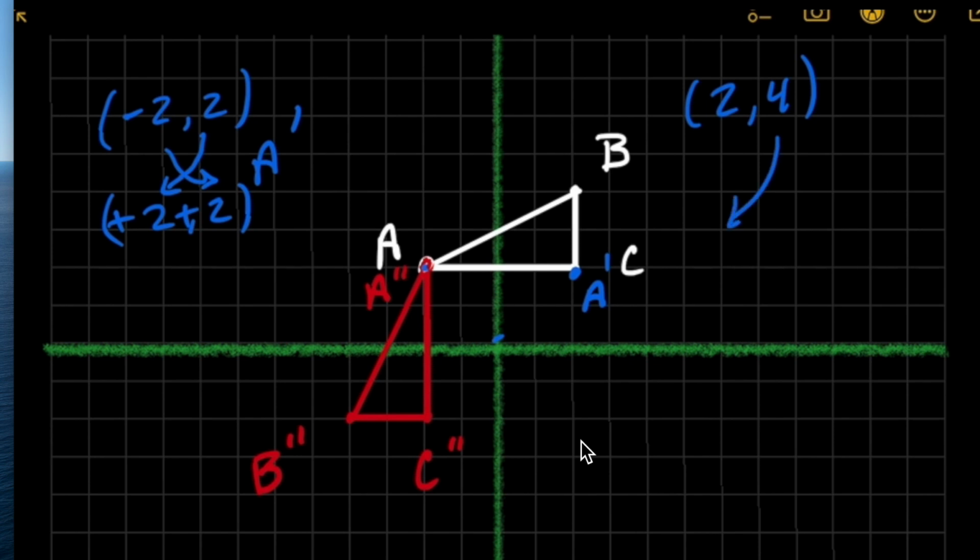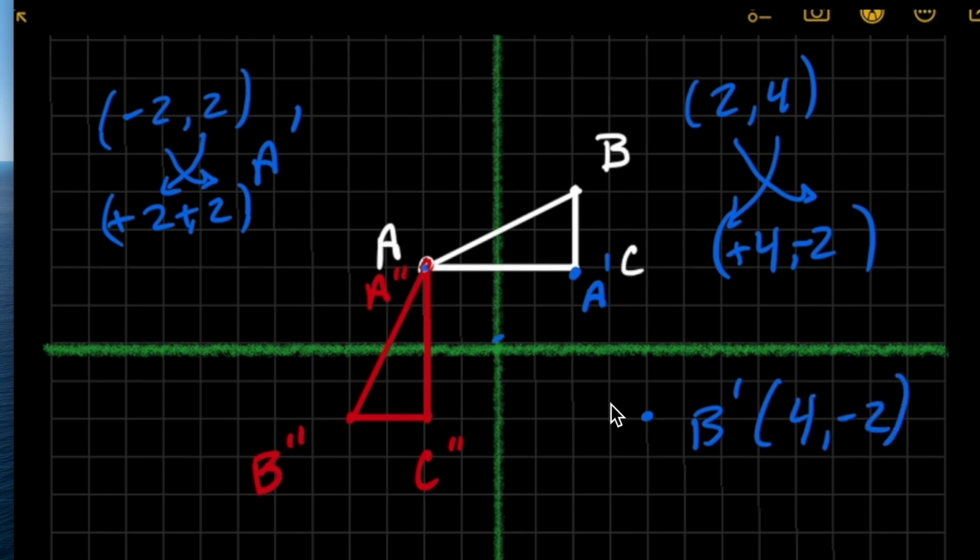We're going to switch the integers, and we're going to get 4, 2. And then because we are in the fourth quadrant, the x coordinate is going to be positive and the y coordinate is going to be negative. So our new point B prime is going to be 4, -2.